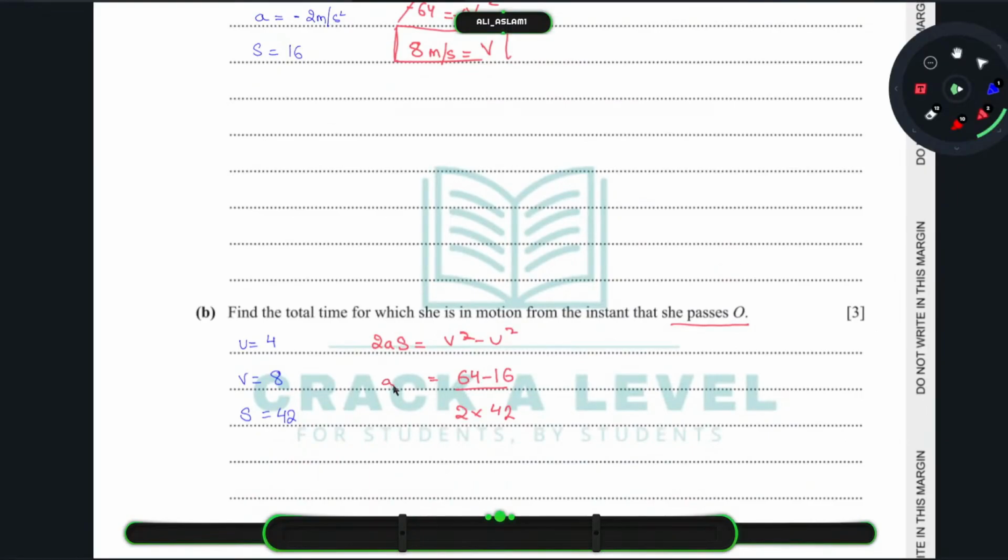That is the acceleration, and the acceleration is 16 divided by 2 into 42, which is 4 by 7.